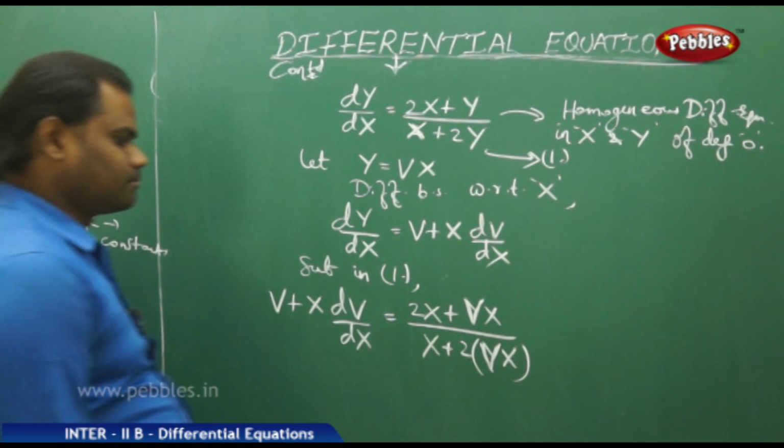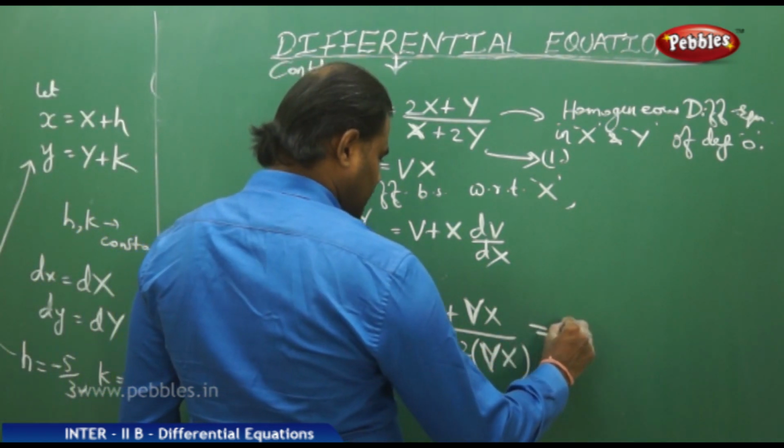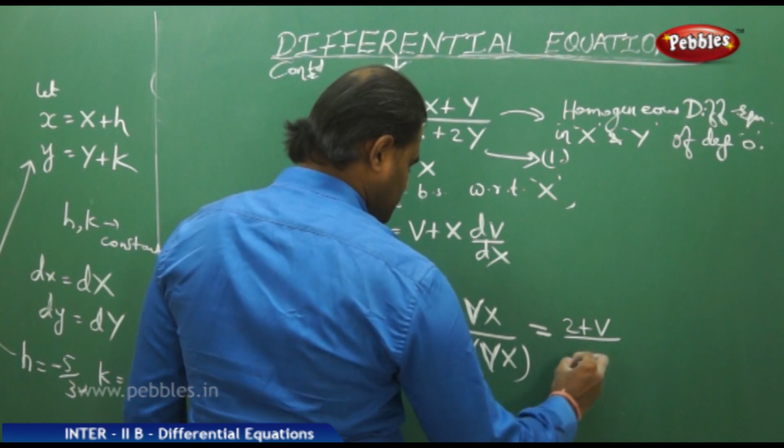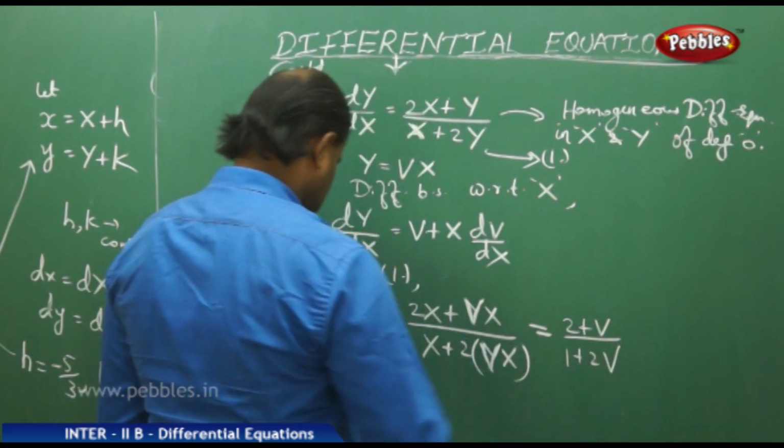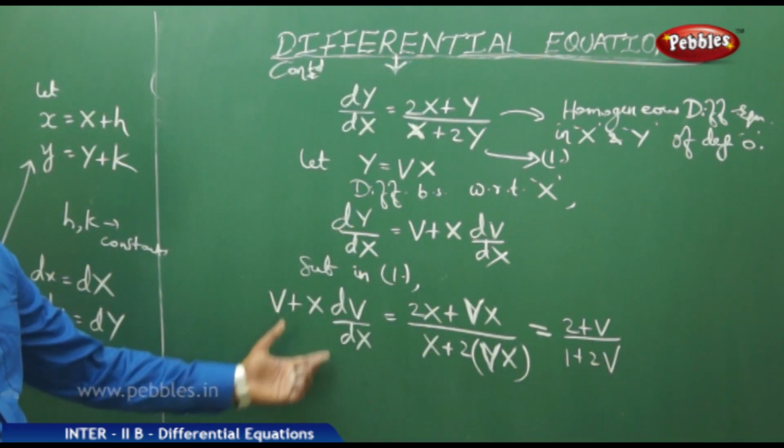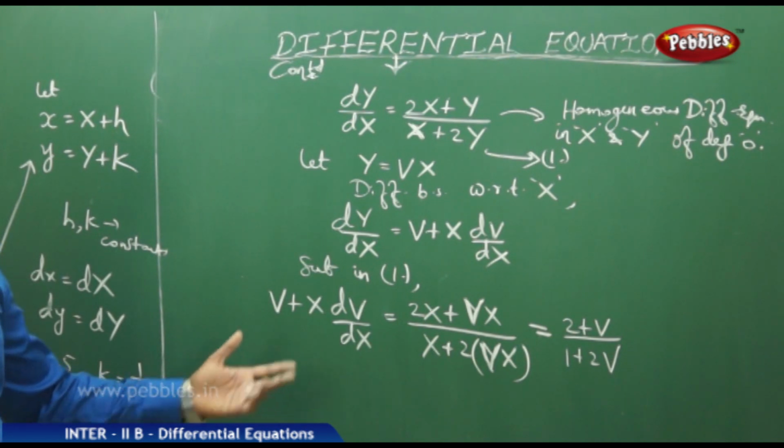Then simplified, on taking x common and simplifying, we get 2 plus v by 1 plus 2v, which needs to be eliminated using the separation method.